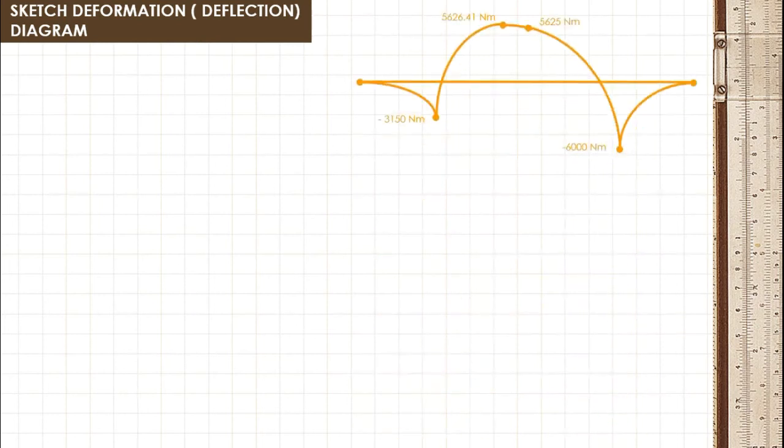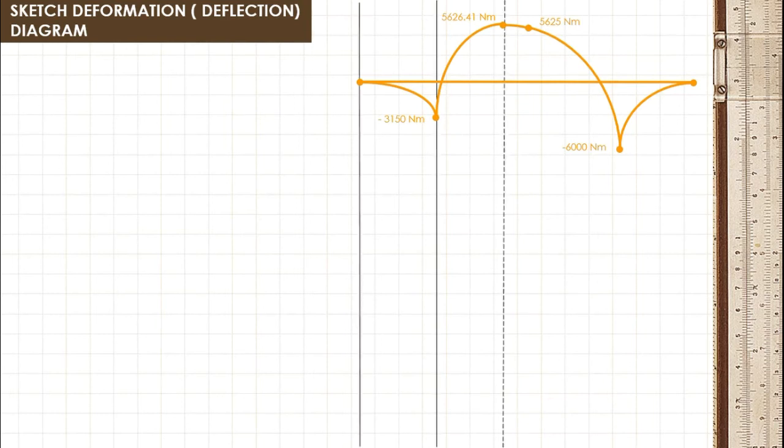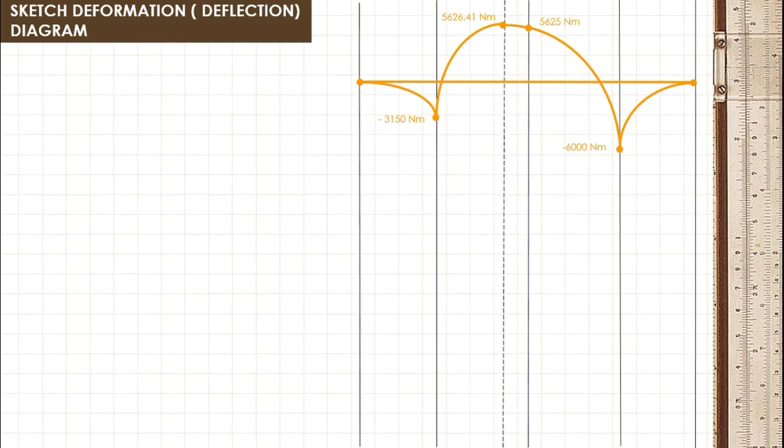So, before we sketch the deformation of the beam, our first thing to do is to isolate the moment diagram. And then, after that, we will project the point from A to E. Next step, we will draw our support, a roller at point B, and a pin at point D. And before we sketch the diagram, we will refer to the figure here.